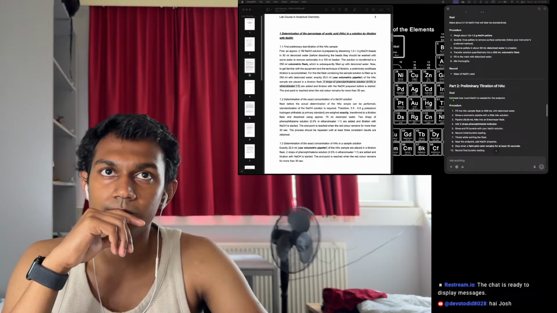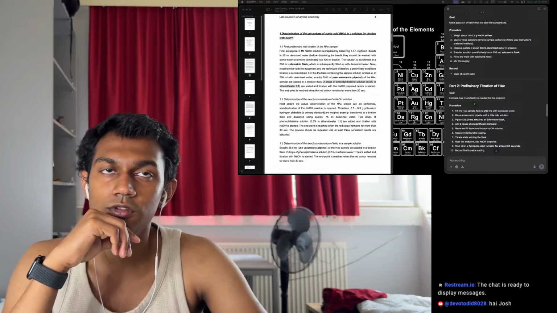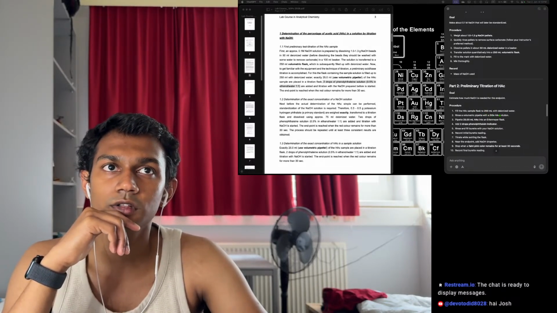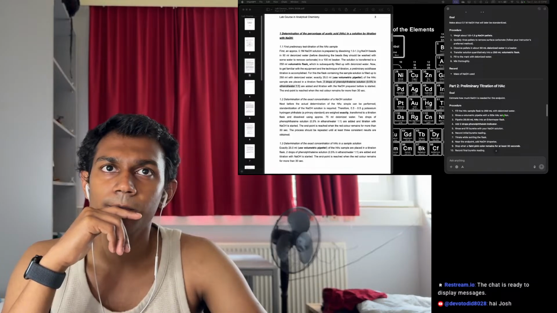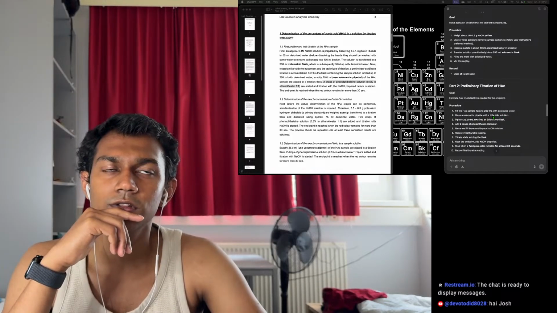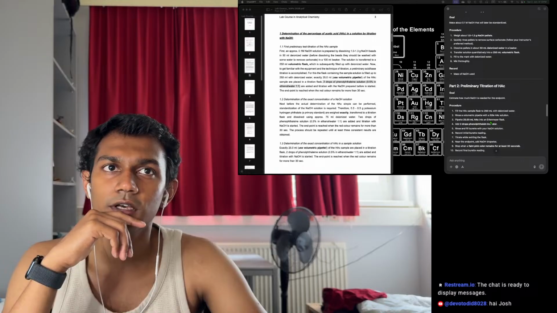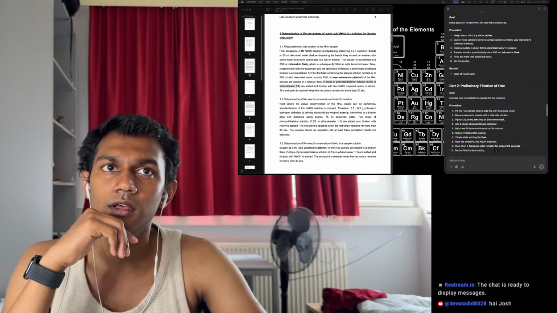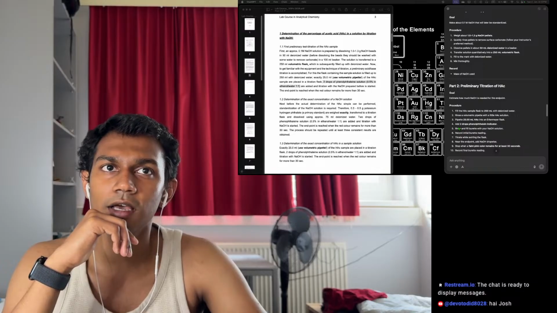Preliminary titration. Estimate how much NaOH is needed for the endpoint. Fill the HAc sample flask to 250 milliliters with deionized water. Rinse a volumetric pipette with a little HAc solution. Pipette 25 milliliters HAc into the Erlenmeyer flask. Add 2 drops of phenolphthalein indicator.